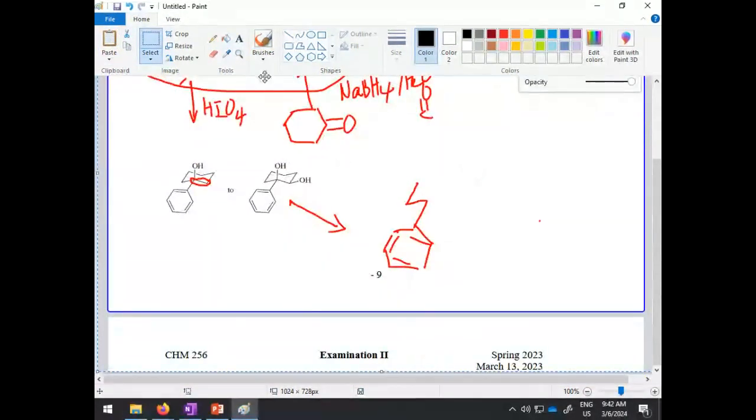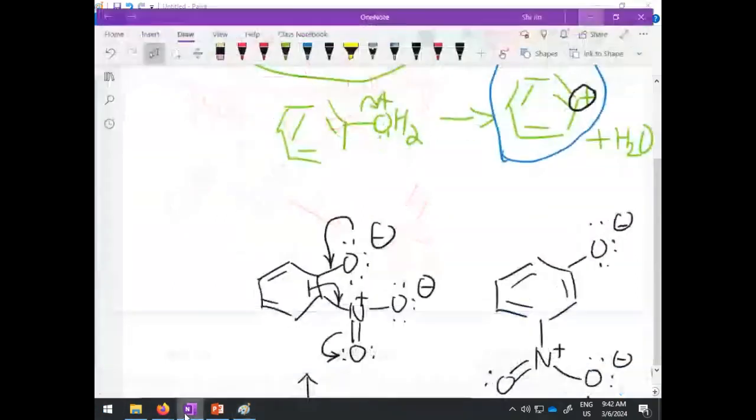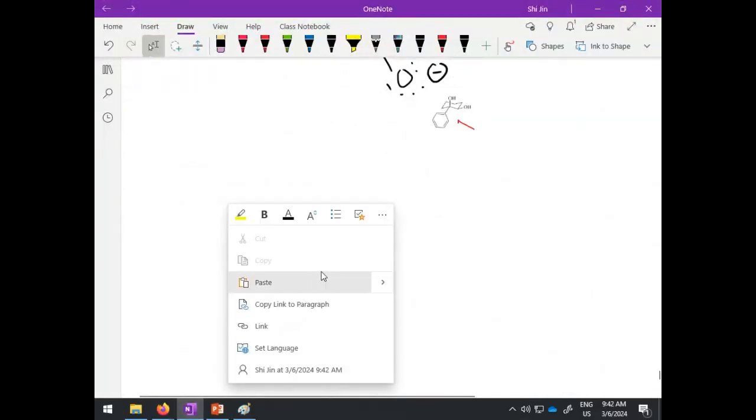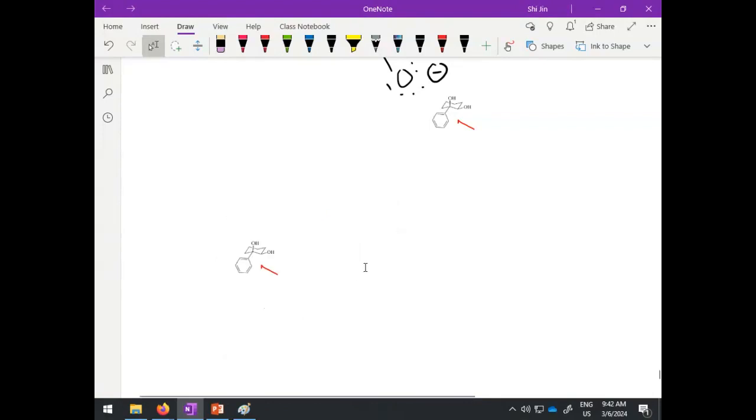I'm just kidding. It's the simplest image processing app. Can I paste here? Okay.